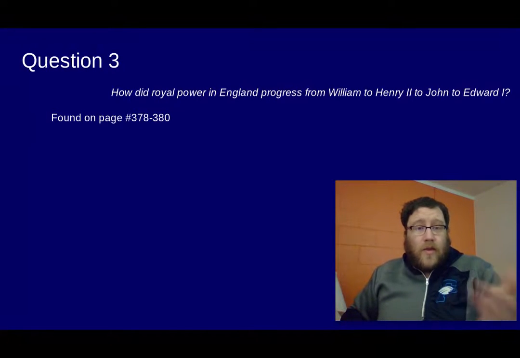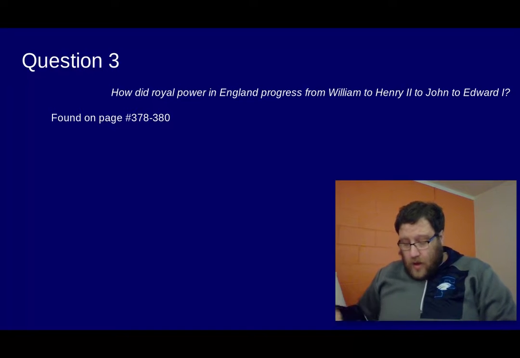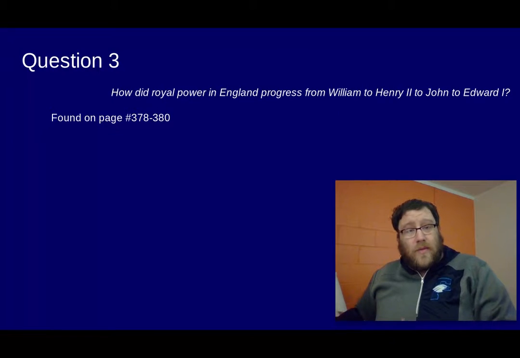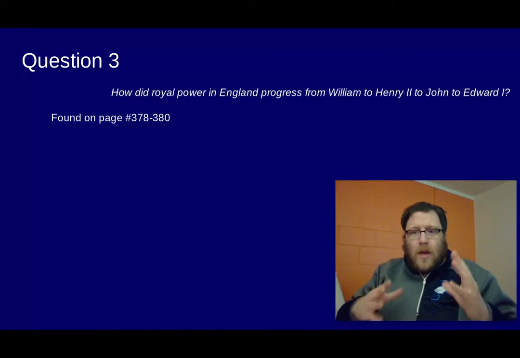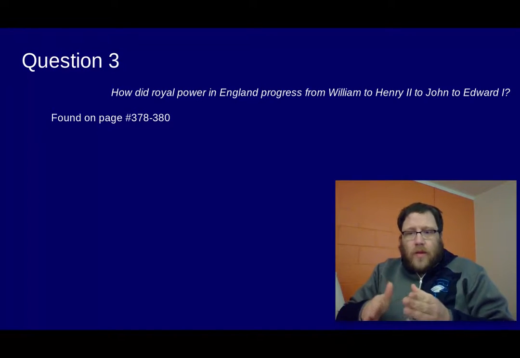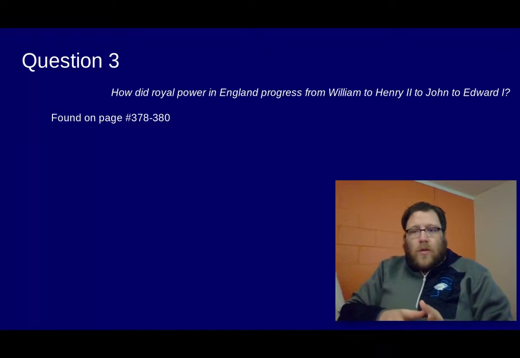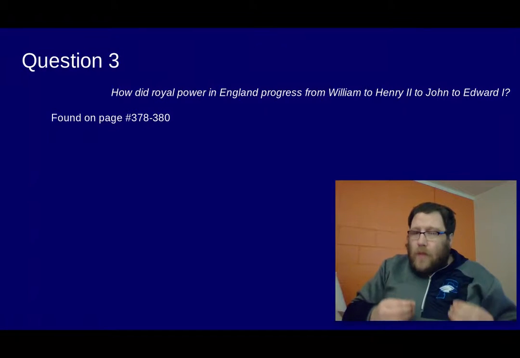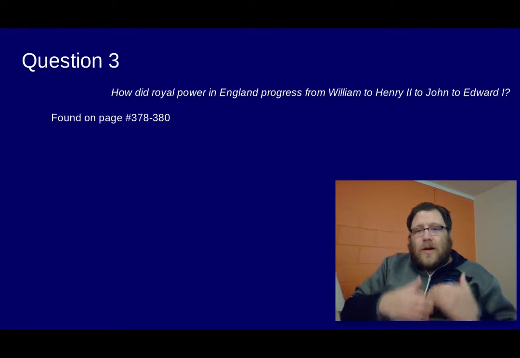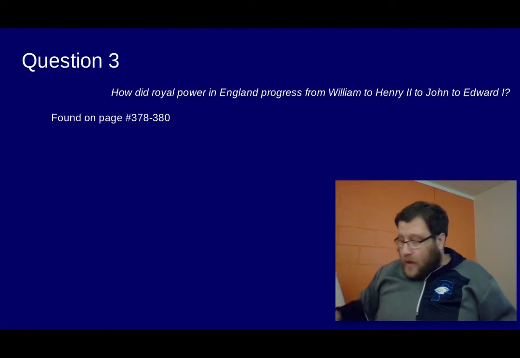So if you want to go to page 378, you're going to read about William the Conqueror. What we have to think about is how did power progress? How did power change? What was the king's role? How did he have more power? How did it change from each of these four kings?